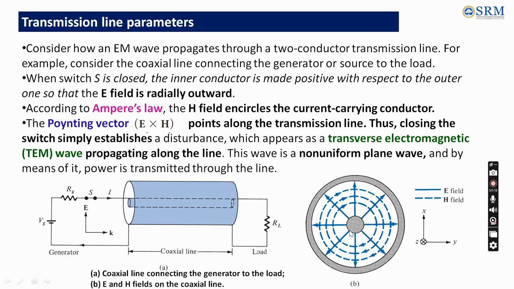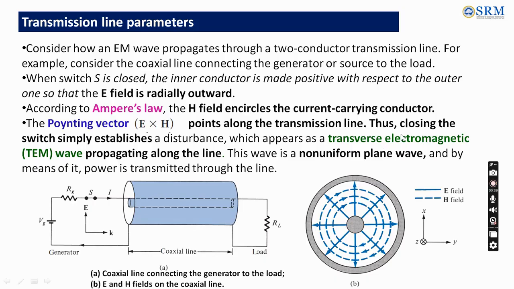The solid line represents the electric field, whereas because of the current flowing inside the inner conductor, the magnetic field is circulating in nature and encircles the current carrying conductor.